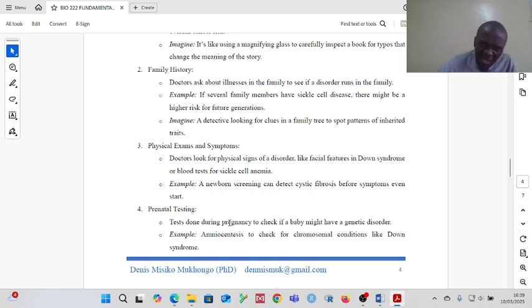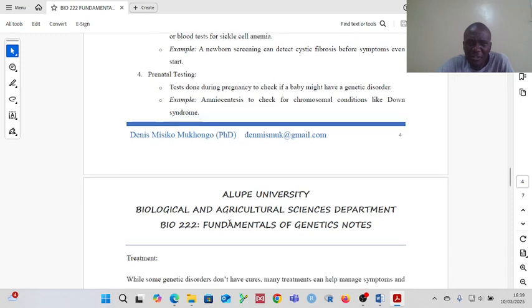Then the other thing that can happen is prenatal testing. These are tests that happen before birth. Imagine you have a particular disorder and you're pregnant. They will want to test if the baby you are carrying has also inherited that disorder.